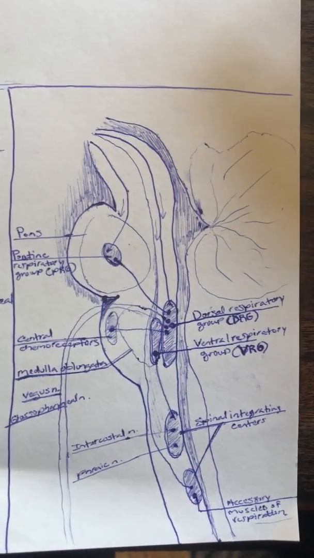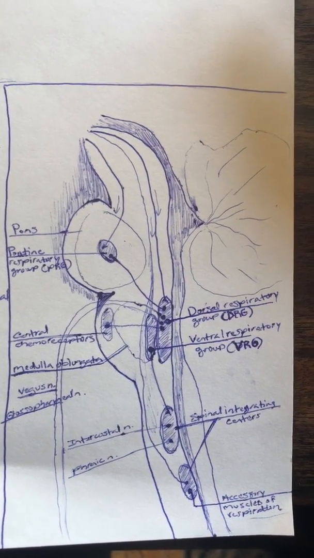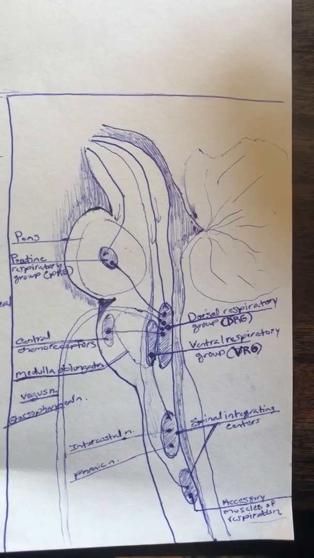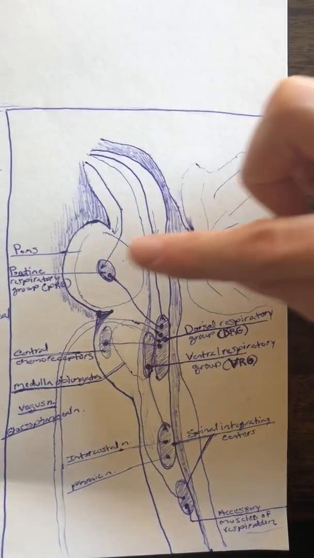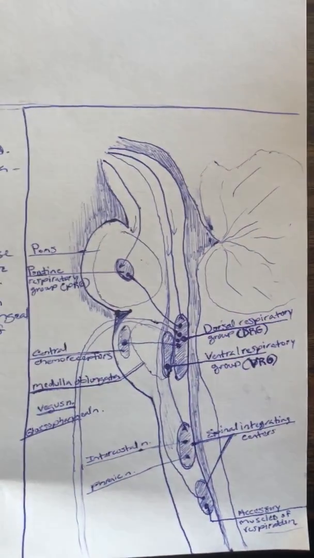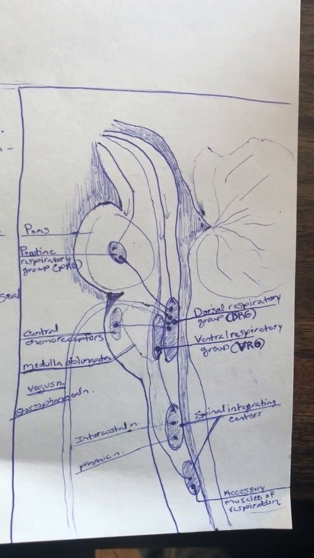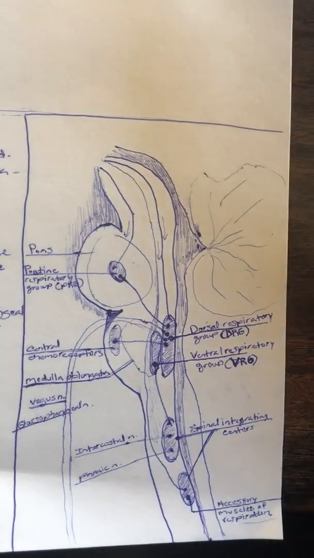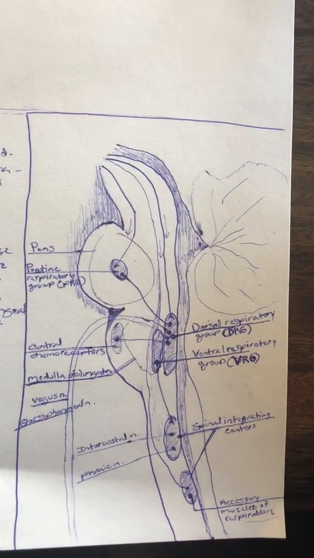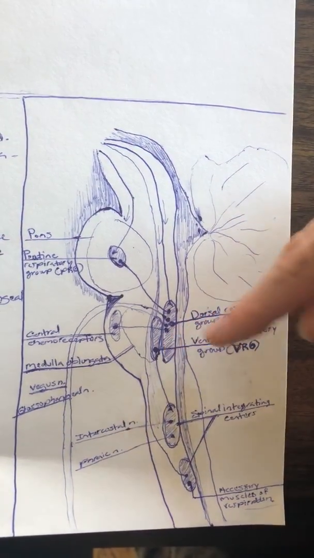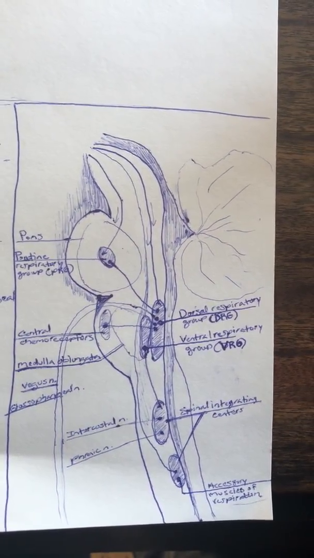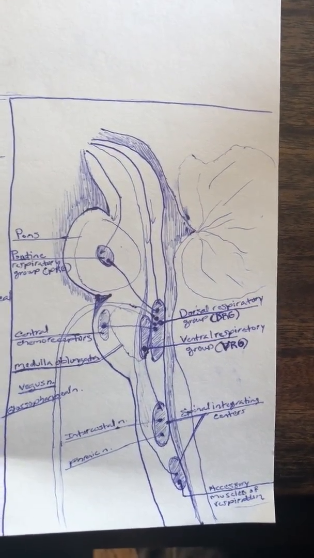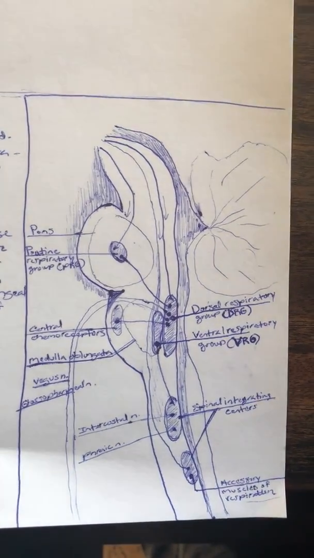And you're going to have the pontine respiratory group, which is the pneumotaxic center, which is within the pons. So there is one of each on the right and left side of the brainstem. They are bilateral to each other. The 2 sides communicate with each other, so respiratory muscles contract symmetrically.